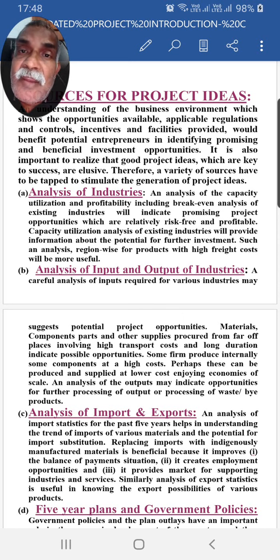To understand the business environment, that shows the opportunities which are available, the regulations and control which are applicable, incentives and supplies which are also available, that will benefit potential investors, potential entrepreneurs in identifying promising and beneficial investment opportunities.